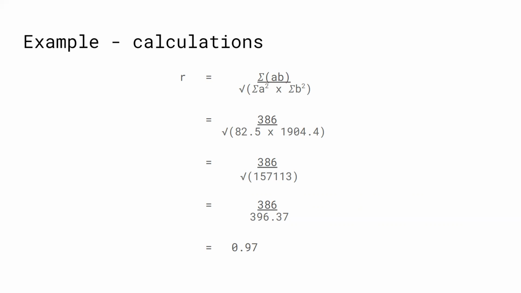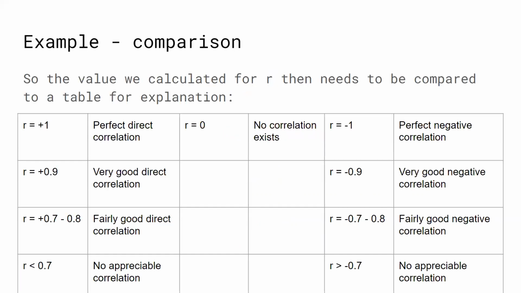So working out the inside of the bracket first, 82.5 times 1904.4 is 157,113. Taking the indices, which is the square root of that, we get 396.37. And then finally, we divide 386 by 396.37 to get 0.97. Now that 0.97 is our correlation ratio, and we're going to expand on what that means now.